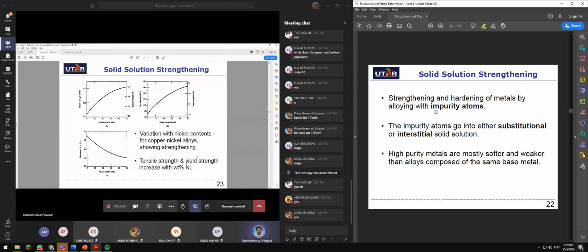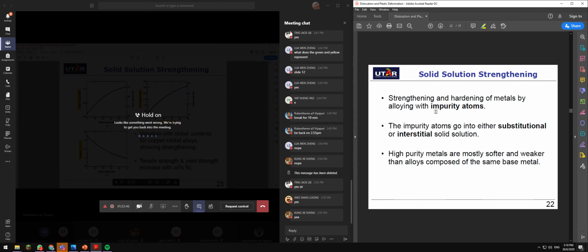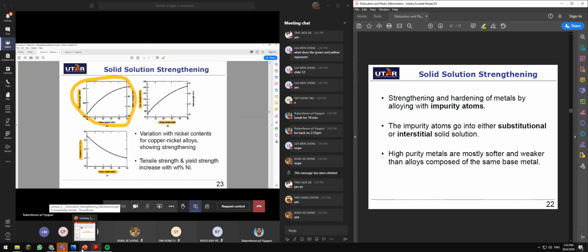Now, for example, if you look at the graph, you have a tensile strength graph over nickel content, a yield strength graph against nickel content, and an elongation graph in copper.